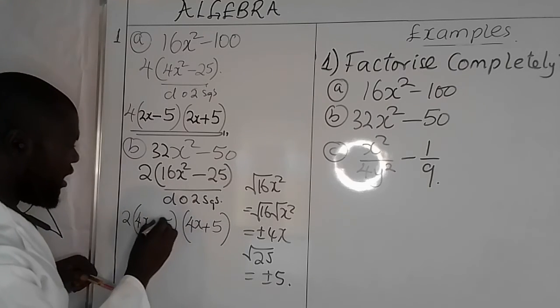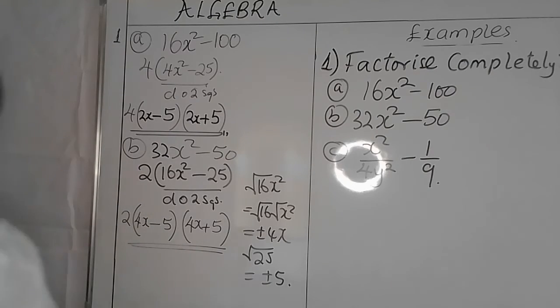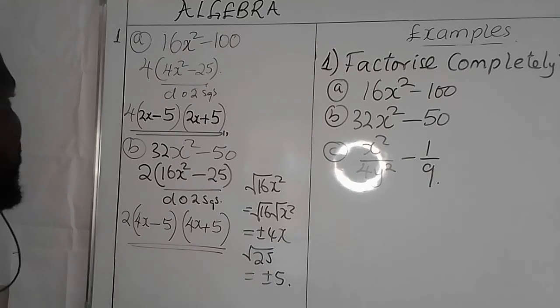Write your 5 here and the 5 there. Once you do this, you have factorized fully.